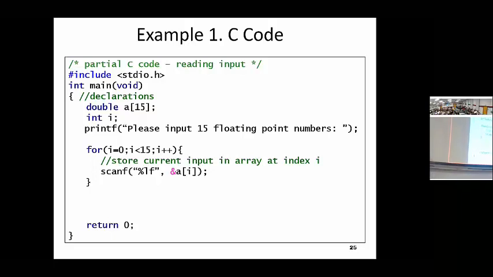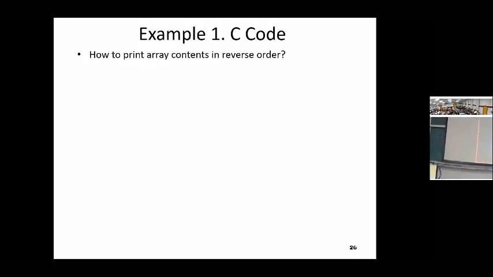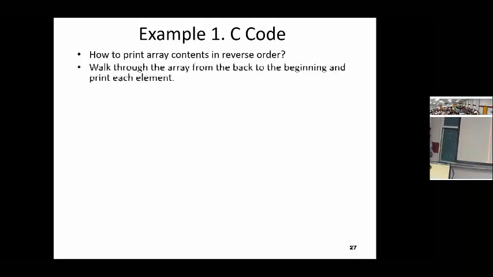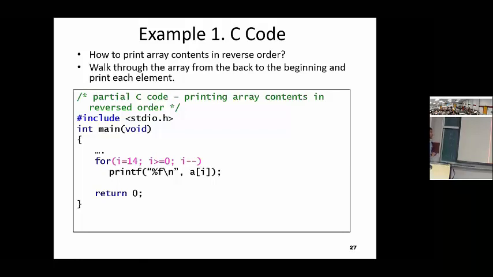Then once I do this, I want to bring them in reverse order. One way of doing it is a for loop that goes in a certain order. Your friend already went through the order. It says start from the maximum value, which is index 14, and then go down until 0, and bring them one by one, right? That means the first iteration will bring A of 14, and then A of 13.